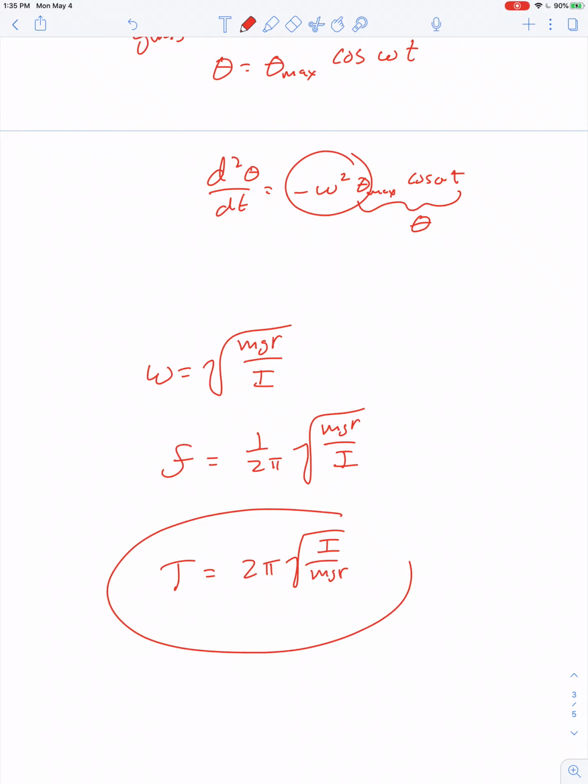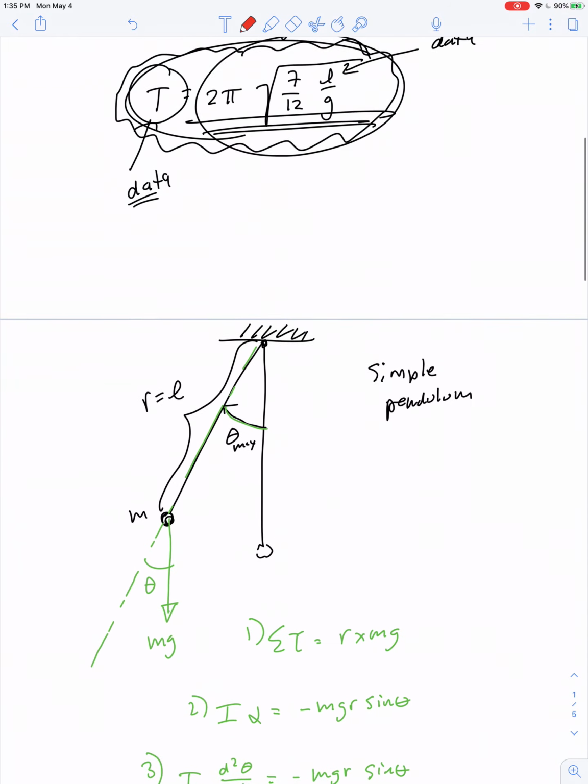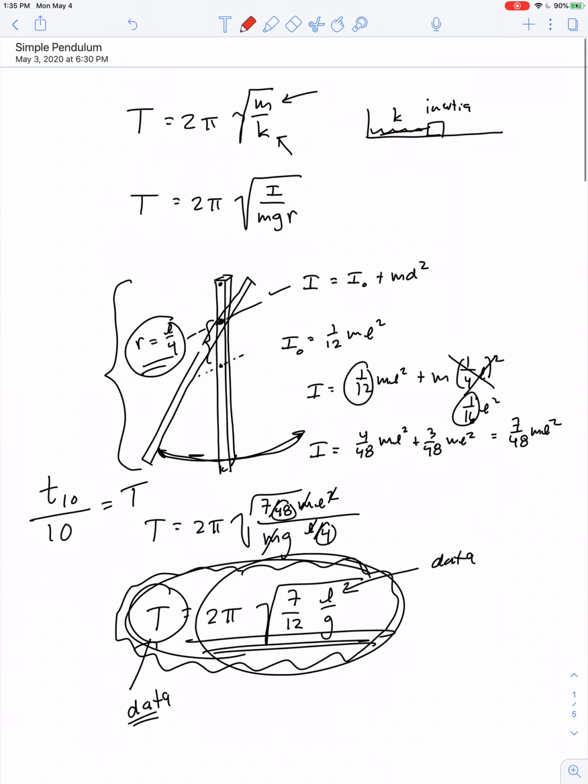Now, why am I repeating myself? That's just the same thing we had started out with back here.